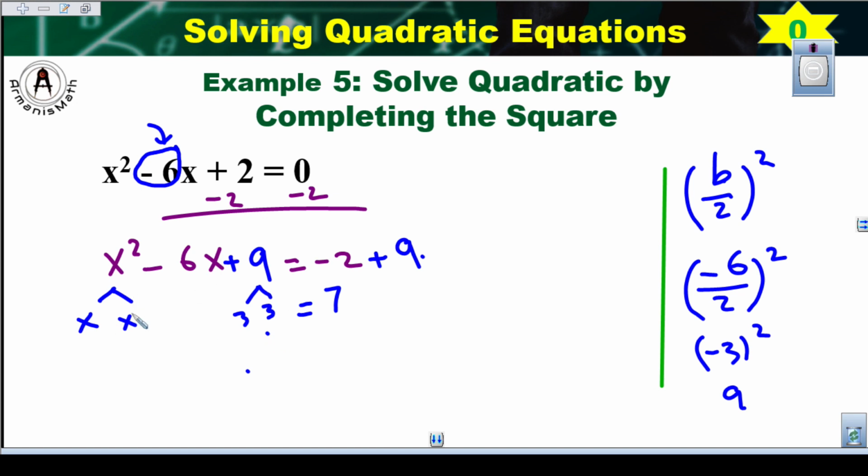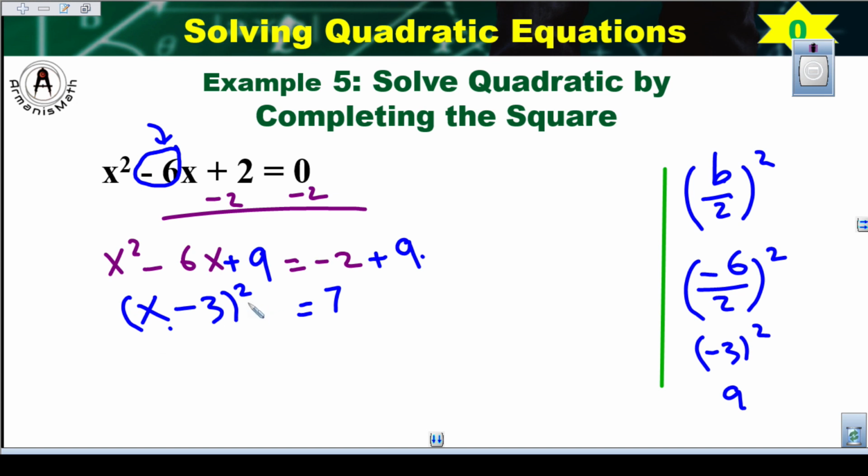So if you know just some basic math on this concept here, you will know that you are squaring something, which happens to be the x, and then you have a negative, and then you have yourself a 3. So it's x minus 3 squared. Basically, that's what I have.